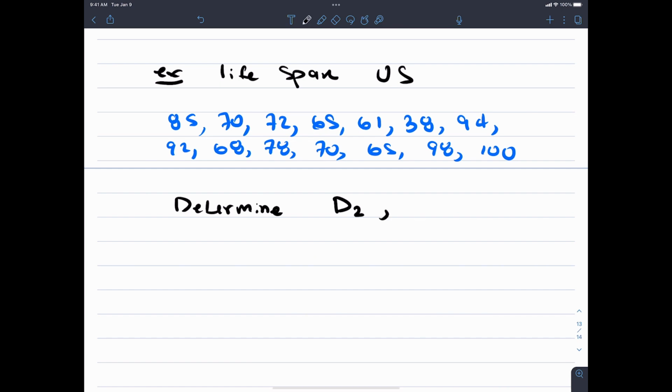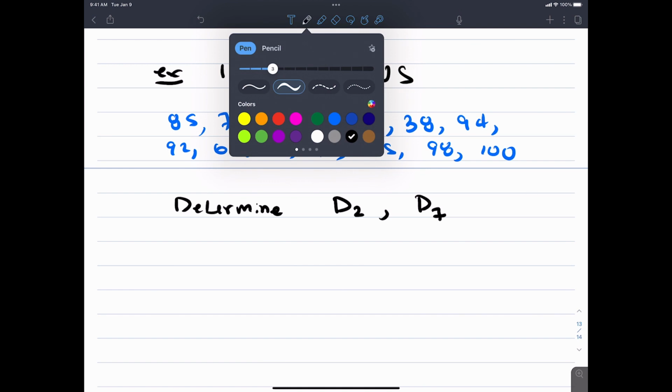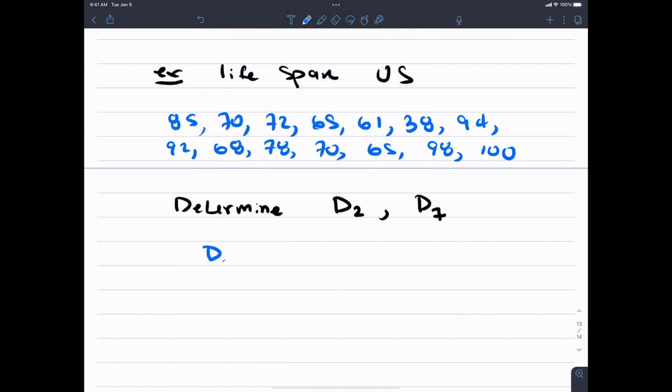And we'll give you guys another one, maybe D7, just for fun. Okay? Couple of them. Where do you guys think you start? What's the definition of D2? Good. If you're going to ask somebody, get the second decile, guess what you have to do? You got to know percentiles.